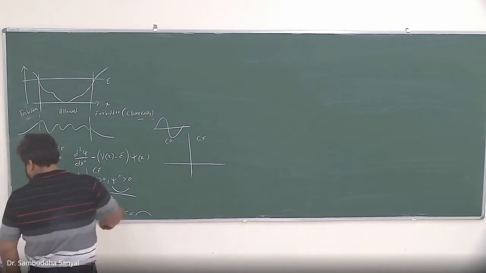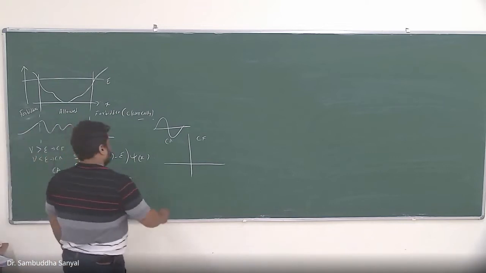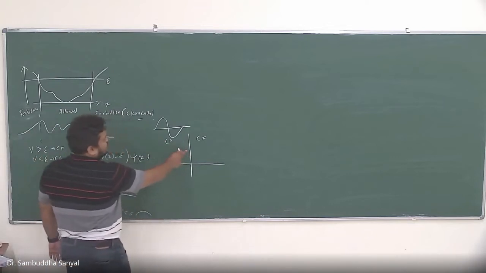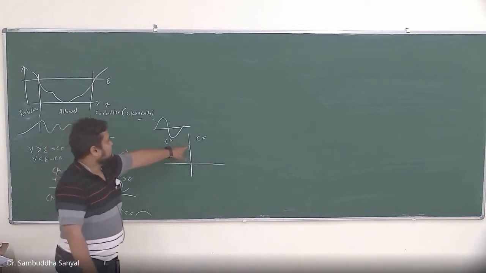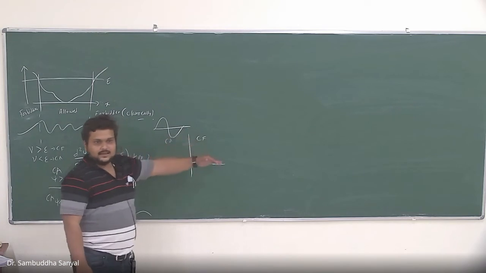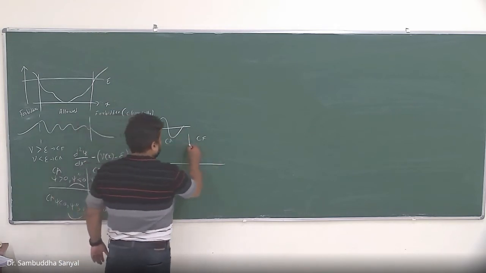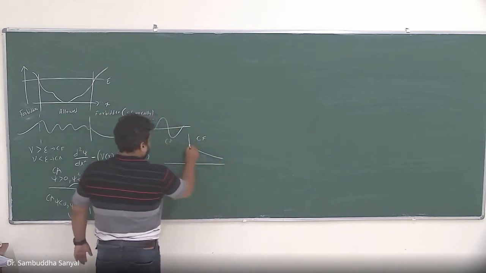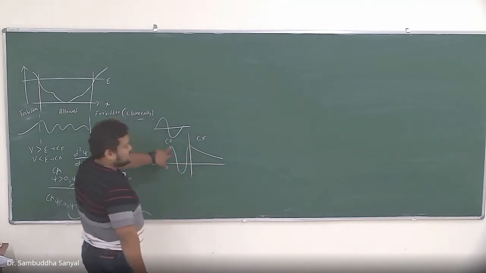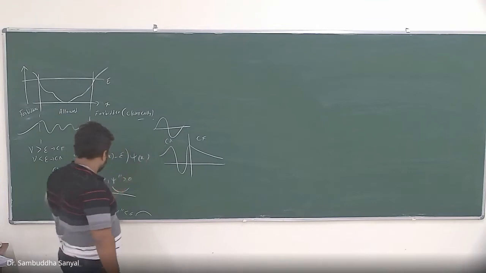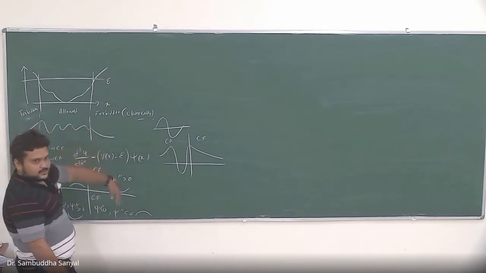Okay. So what more can I say about this problem? First of all, I know in this part it should be oscillatory, and in this part it must decay, right? So it must be something like this. If it is positive, then it must go like this, towards the origin.